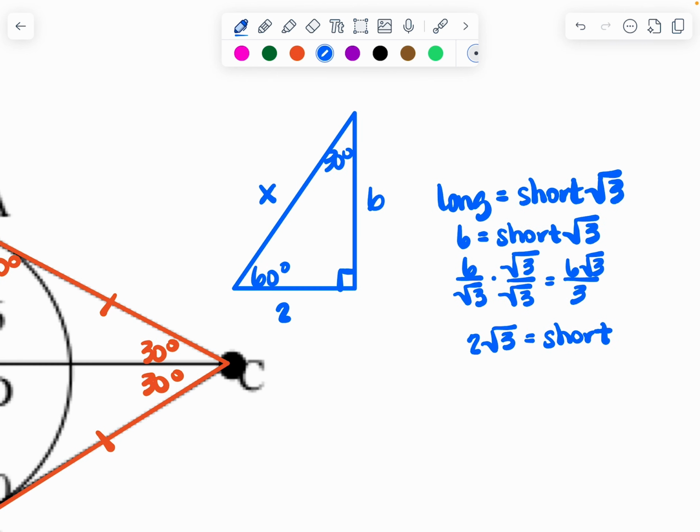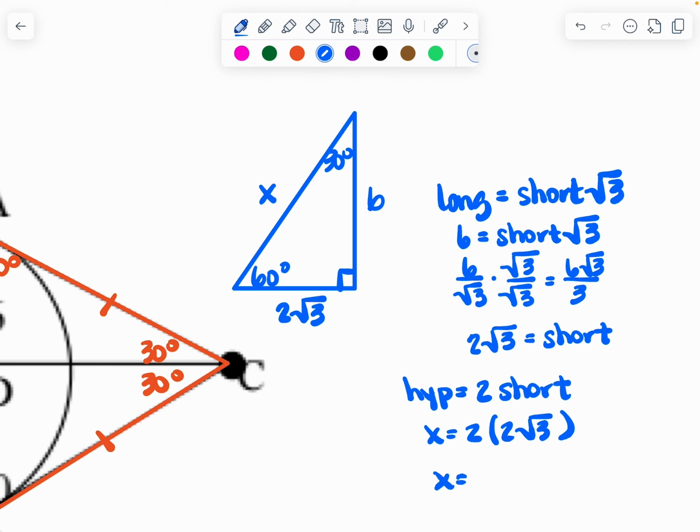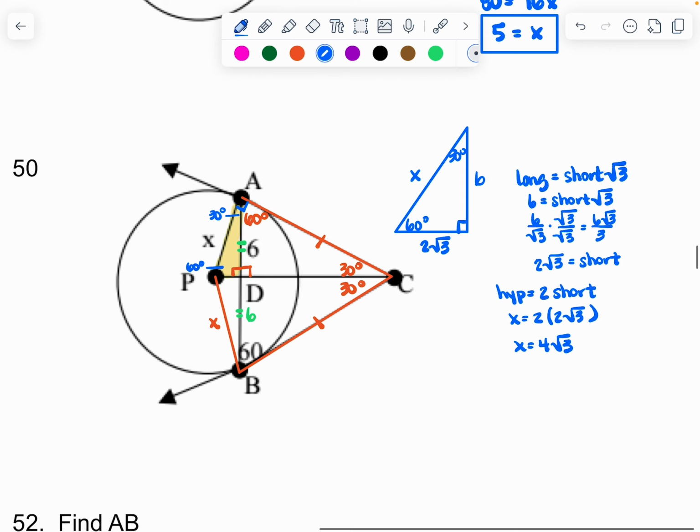So this is 2 root 3. And then, of course, the hypotenuse, I'll just go ahead and write the rule: the hypotenuse is double the short leg in a 30, 60, 90. So we're going to multiply 2 times 2 root 3, which is 4 root 3.